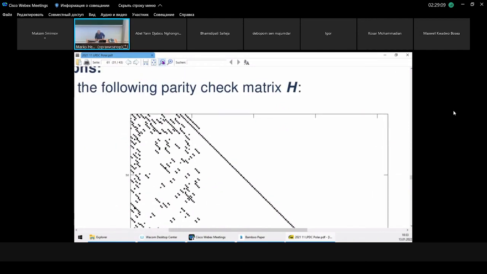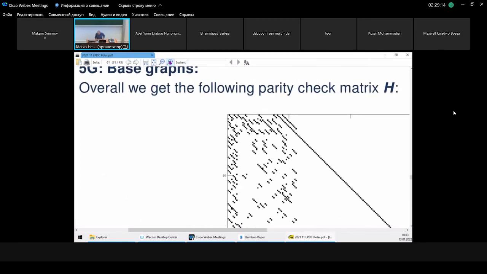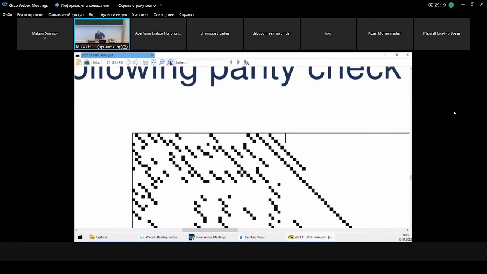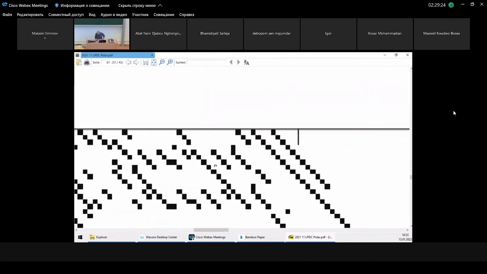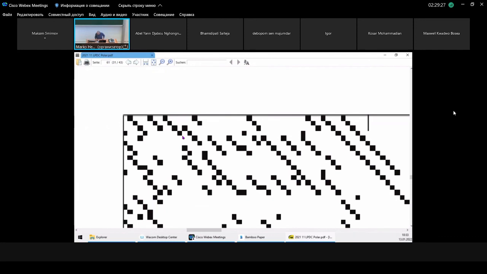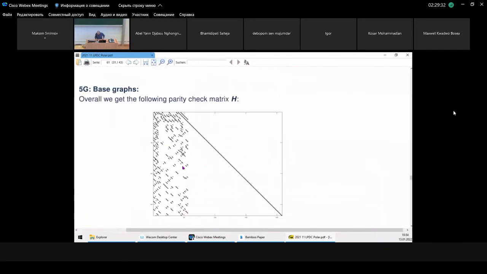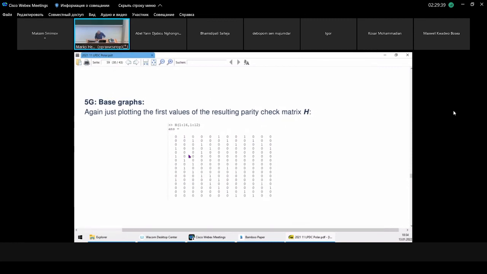Let's see, here's the question, if this was shifted by 4. Yes, we actually see this, that the lifting size of 4 was used here. Actually, the dots are not really displayed well here. It's more like a scaling problem. But go back to this one here. When we look at the numbers instead of the diagram, we actually see that here we have submatrices of size 4.